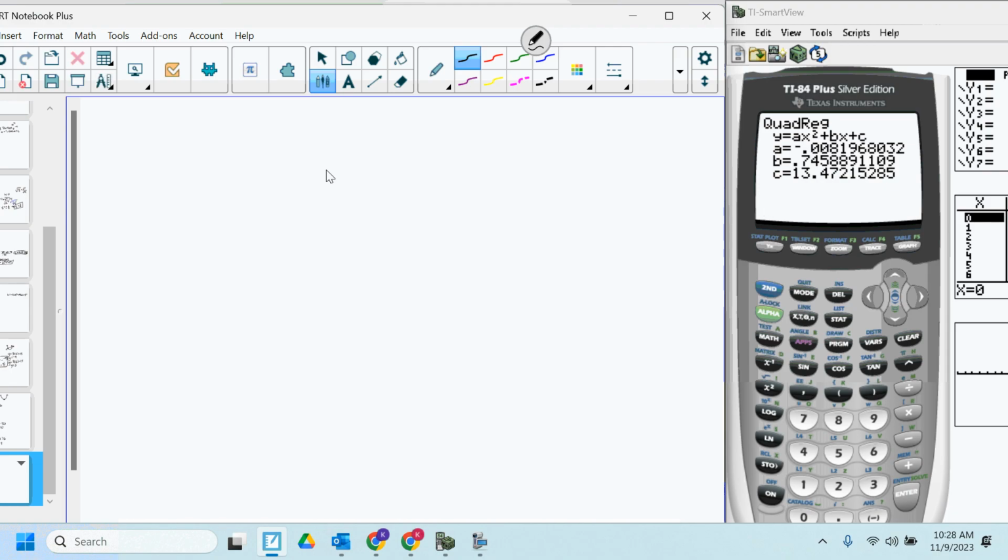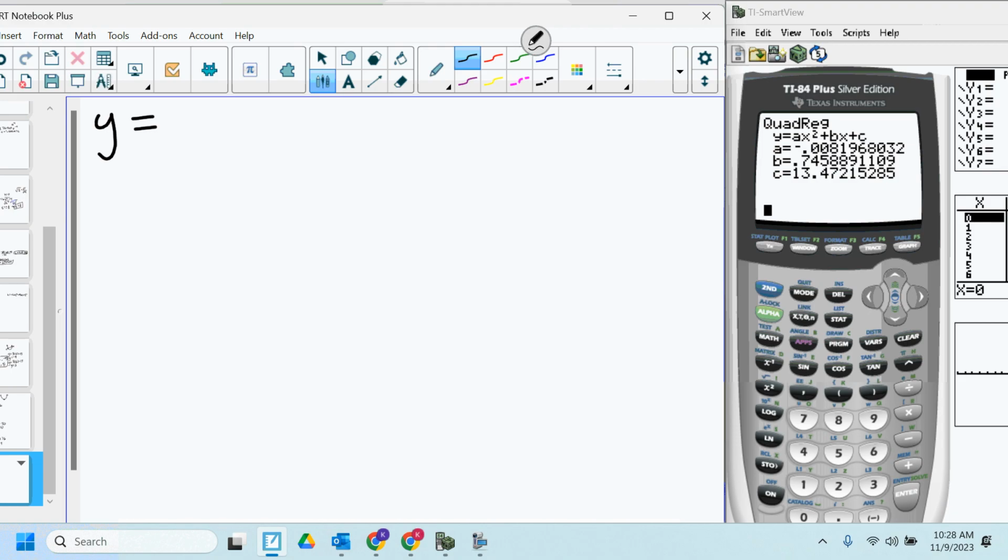Alright guys, let's round these values, and don't let rounding be the thing that holds you back here. Let's round to 2 decimal places: 5 or above, round up; 4 or below, keep the same.